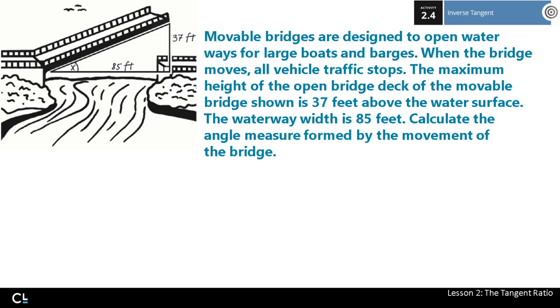So if we want to find the angle, we should already be thinking tangent inverse. But first, let's set up the tangent. So for this one, we'll say the tangent of x, right? But let's label it. We have x, we draw our finger across, and we get to 37 is my opposite, which means 85 is my adjacent. We say tangent x equals 37 over 85.